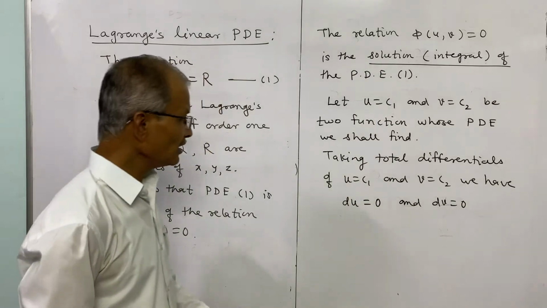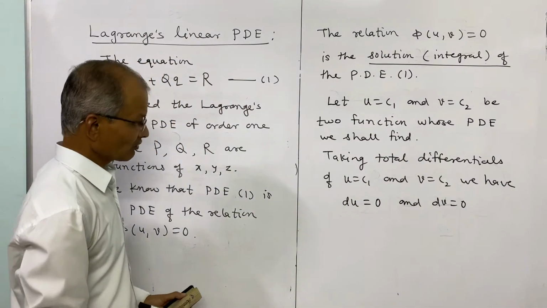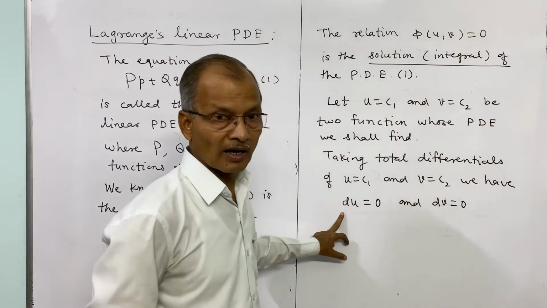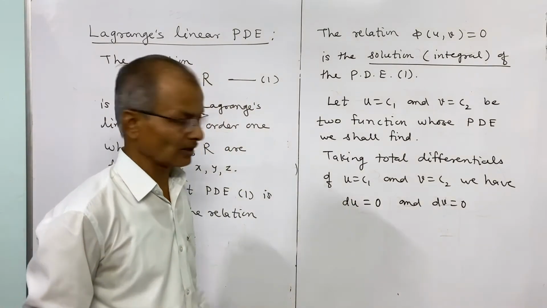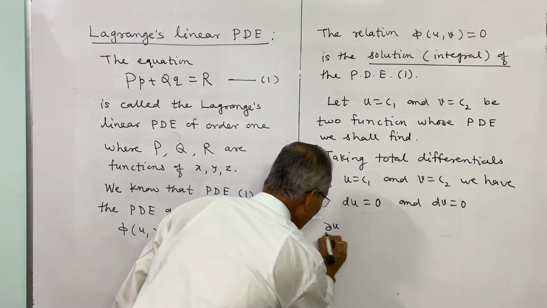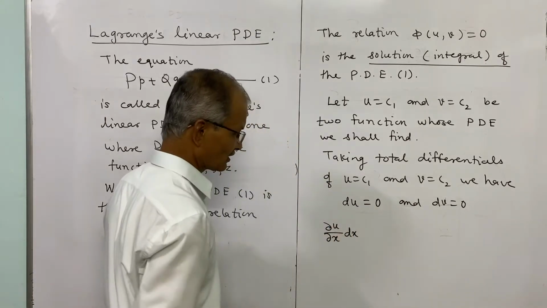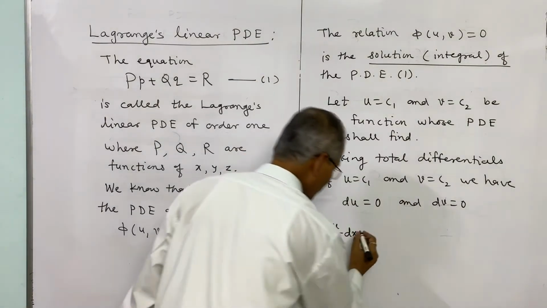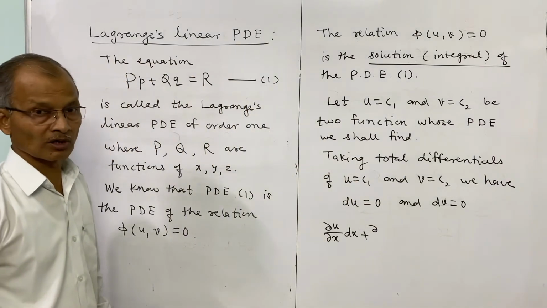But what is du? u is a function of x, y, z, and therefore we have to differentiate with respect to x, y, z, and take the corresponding differential. So du will be dou u by dou x into dx, the partial derivative of u with respect to x into the differential of x, plus... This relation is for the total differential.